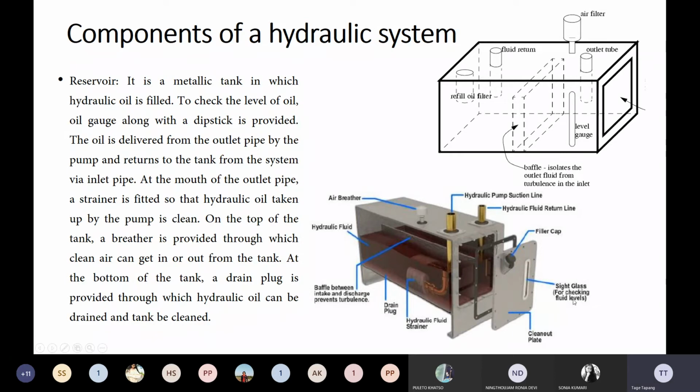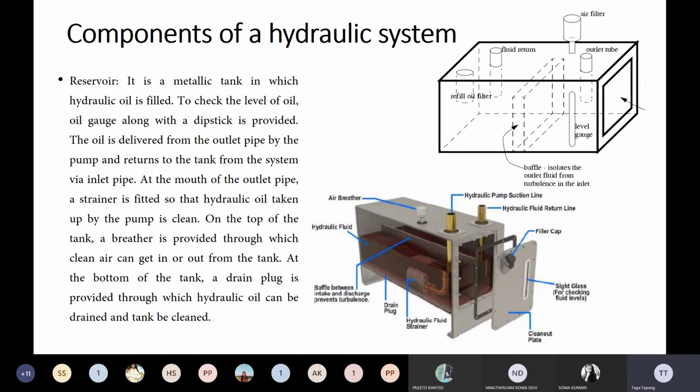Side glass for checking fluid levels. This is the transparent glass just to check the level of the fluid. Then filler cap, you open this cap and fill the hydraulic oil. So this is the basic idea of the reservoir.